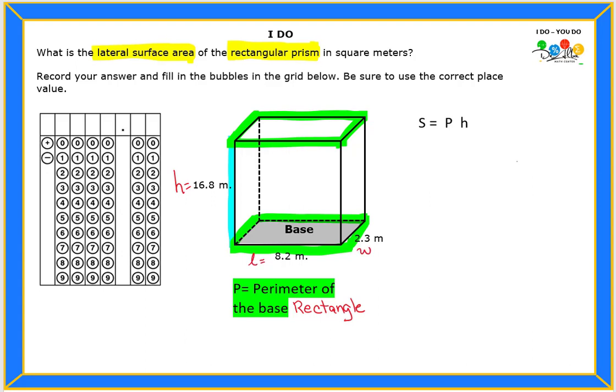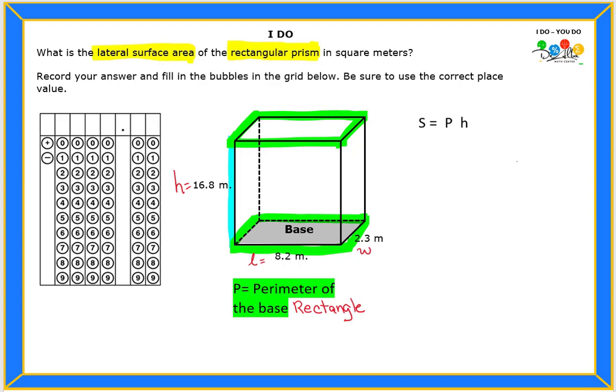So if I want to find the perimeter for that, I can do something real simple. I can just add up all the numbers that are on my highlighted green section. Now one mistake that I've seen students make is they think they are going to add only 8.2 plus 2.3. But no, that's only two sides.